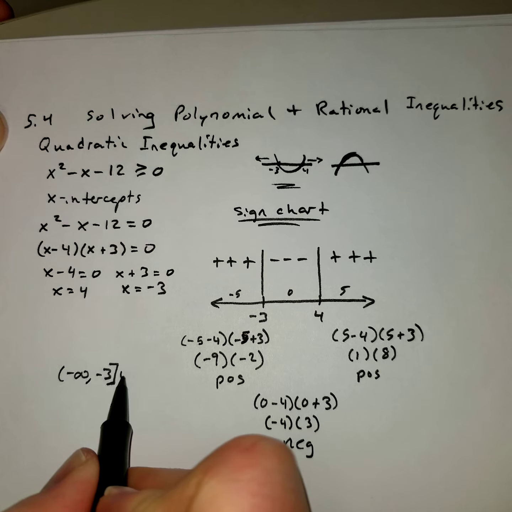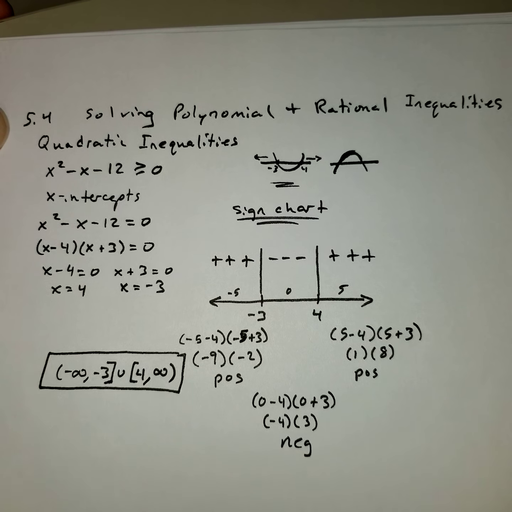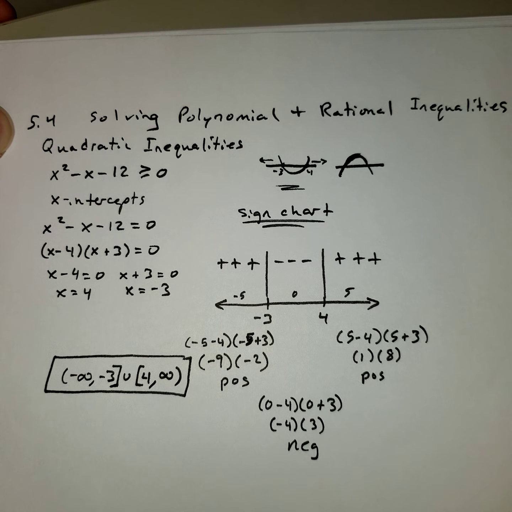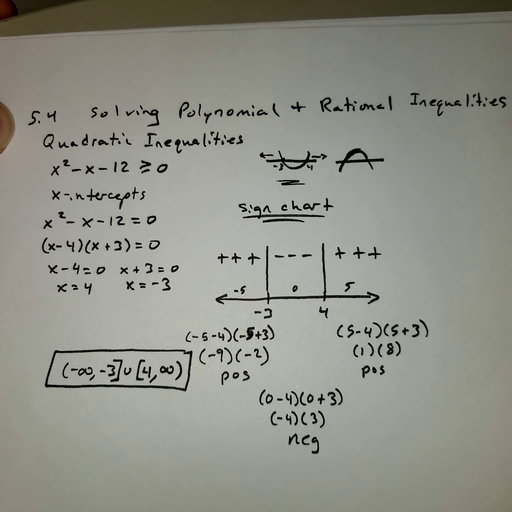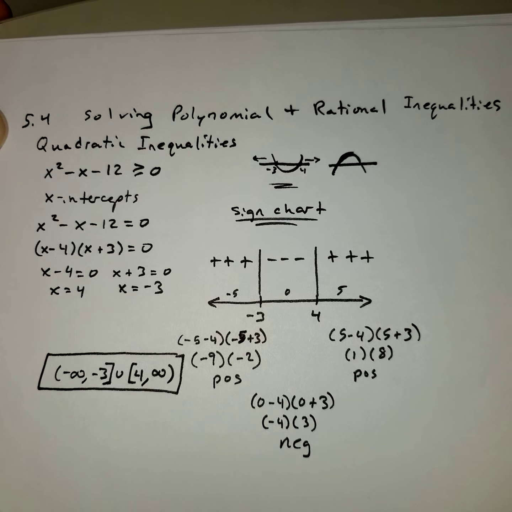And then we're going to use 4 to infinity because that's the interval on the right end. And again, we're going to include the 4 with a bracket. This combination of intervals will be the solution to our inequality. And finally, I will move on to describe the polynomial and rational inequalities in the next video. Thank you.